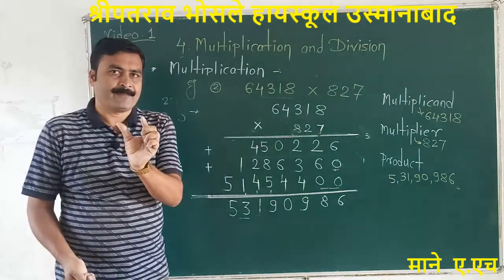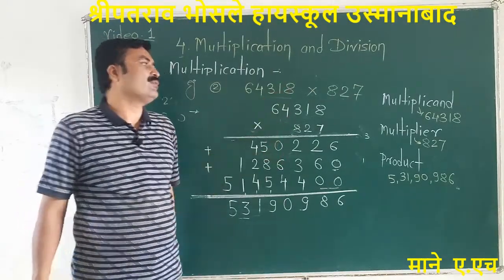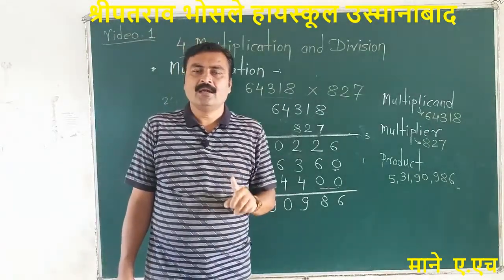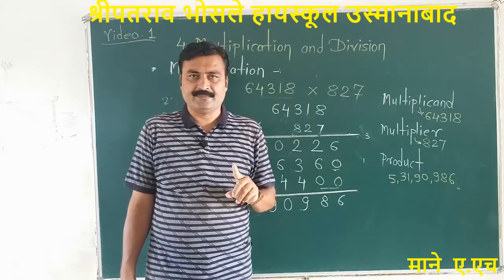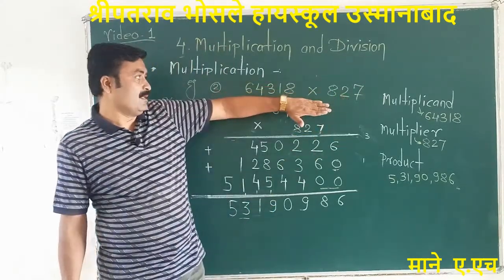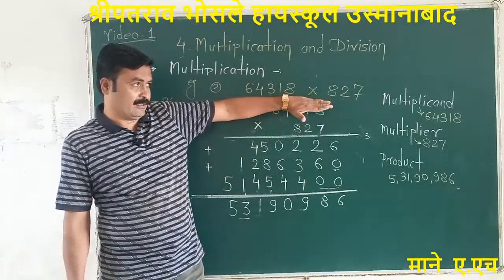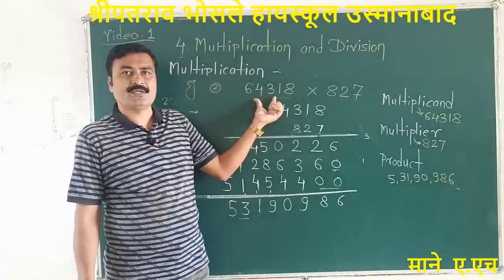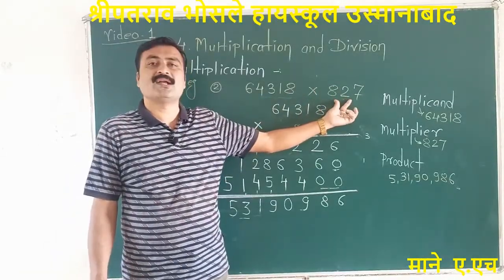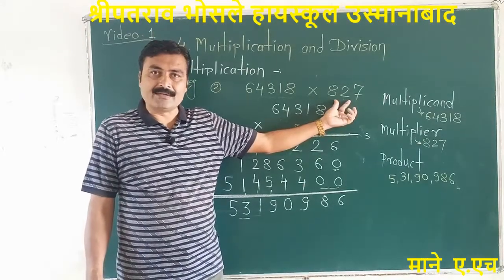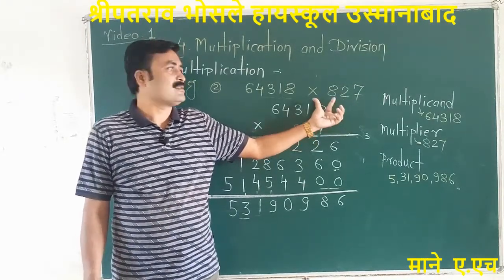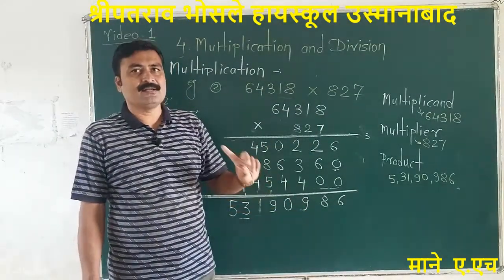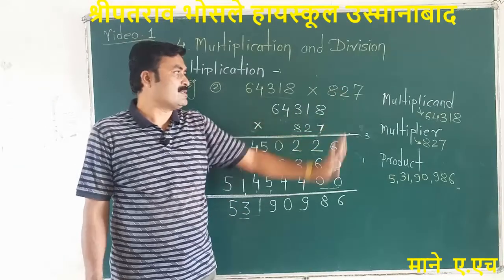So in short, if you remember these three concepts roughly, in the horizontal method of multiplication, the first number is always called the multiplicand, the second number is always called the multiplier, and the result, that means the final answer of this multiplication, is always called the product. This is roughly the meaning of these three concepts.